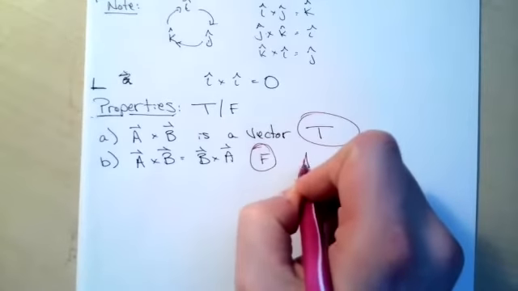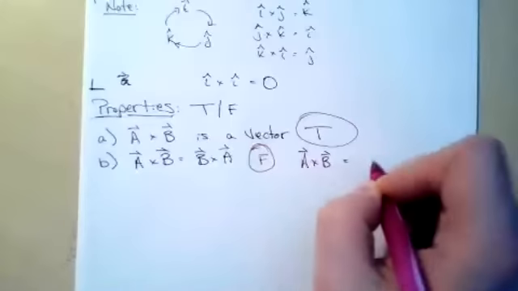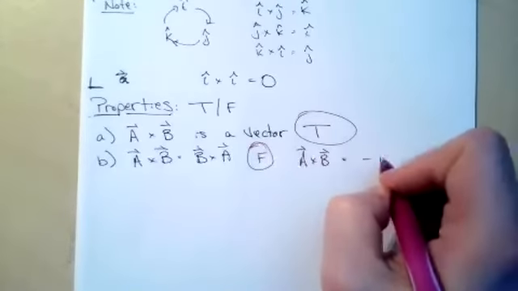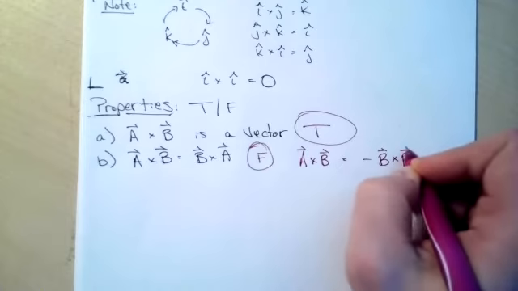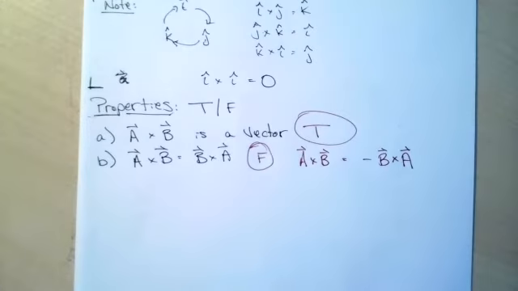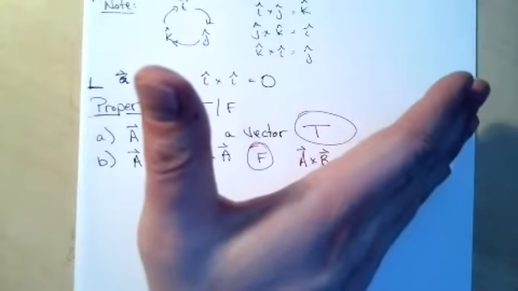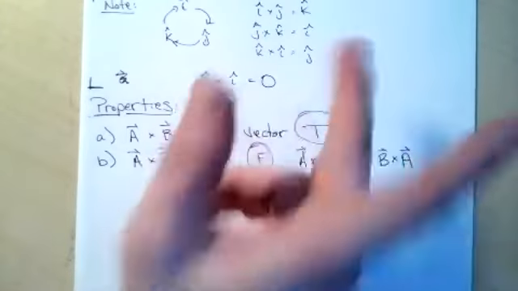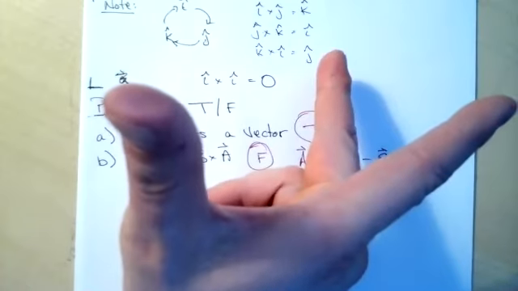The true statement, A cross B, is the opposite, is negative B cross A. So when we think of our right-hand rule, this is what we were talking about in terms of our orientation of the parallelogram. So we have some parallelogram. If I do A cross B, orientation is upward.